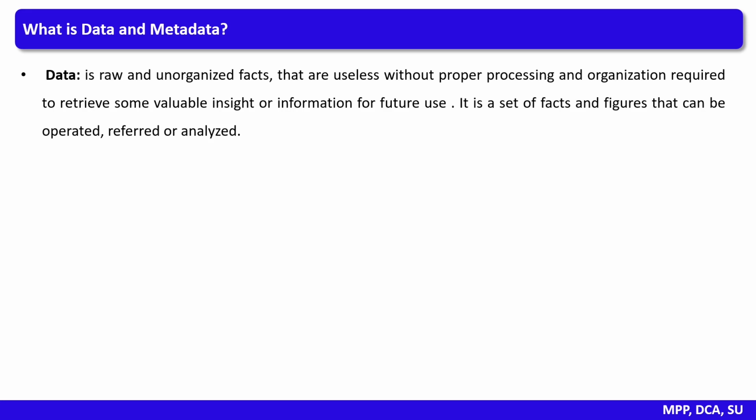Here, it is also to be understood that data and information are not the same. Now let us try and understand what information is. Information is a validated version of data. Again, I'm repeating it. Information is a validated version of data.